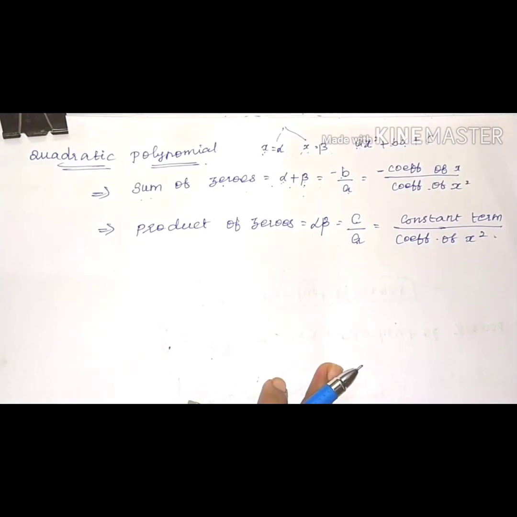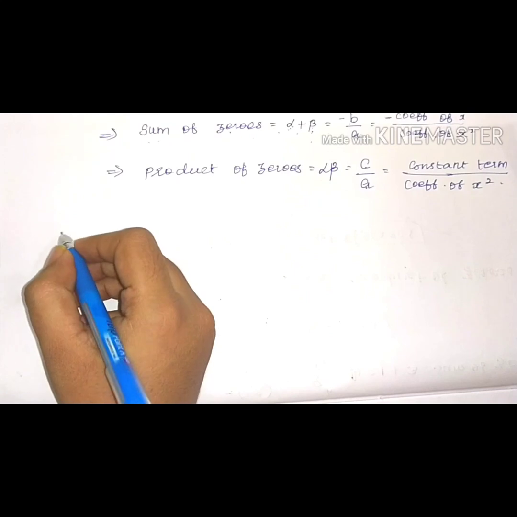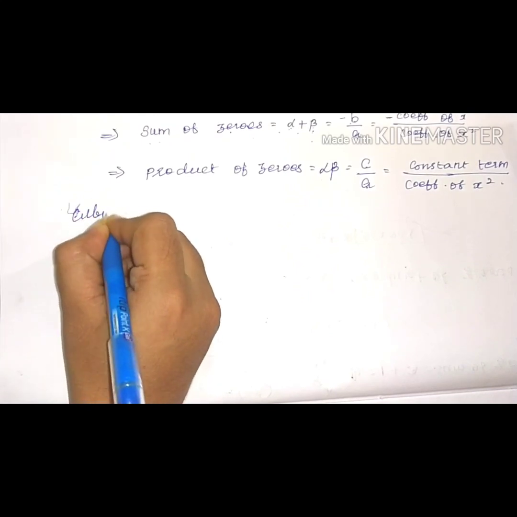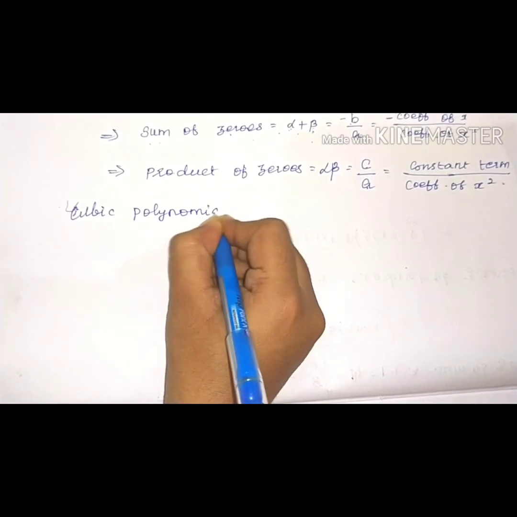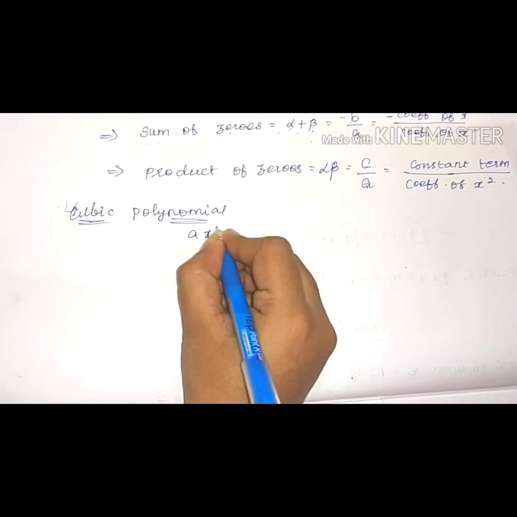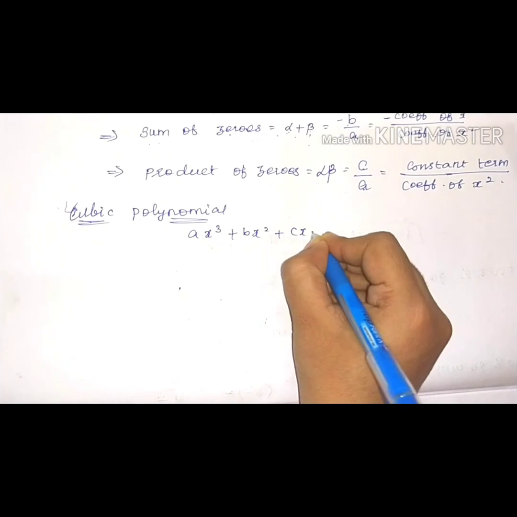between zeros and the cubic polynomial also. Now I am writing the cubic polynomial. What is the general form of a cubic polynomial? ax cube plus bx square plus cx plus d.